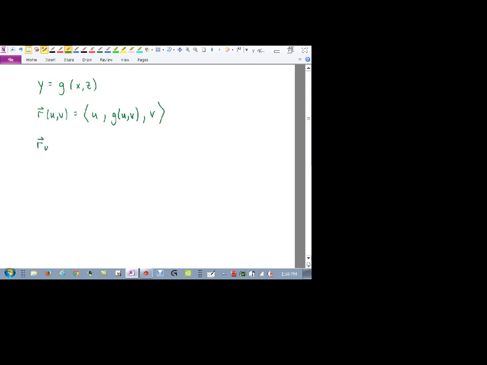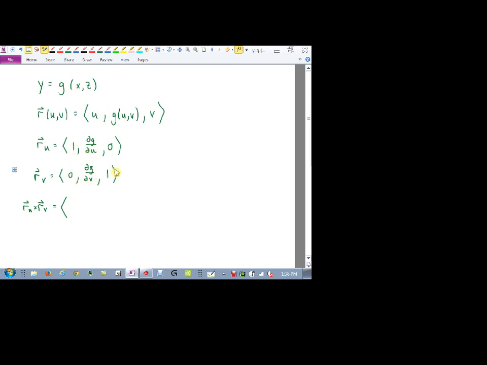Partial r with respect to u, 1. Partial g with respect to u, 0. Yeah? Partial r with respect to v should give me 0. Partial g with respect to v, 1. Cross them. Okay, when we cross them, cover up this one.